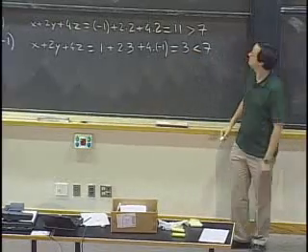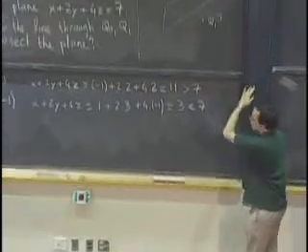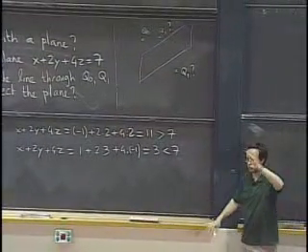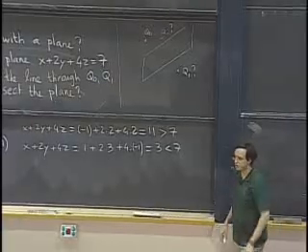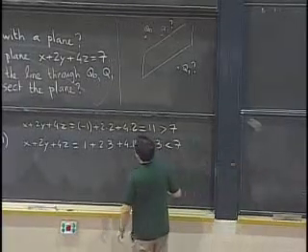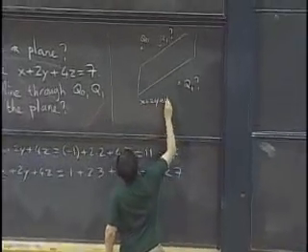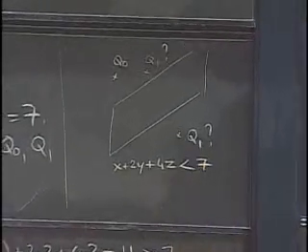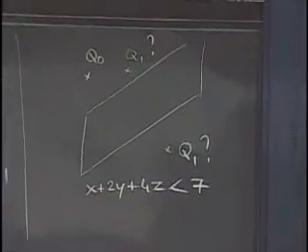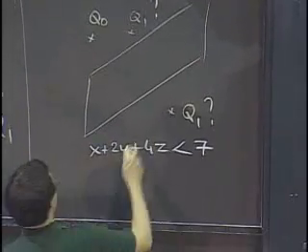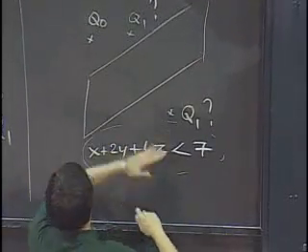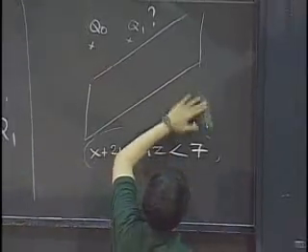That's less than 7. If you think about how a plane splits space into 2 half spaces on either side, well, one of them is going to be the points where x + 2y + 4z is less than 7. So that's somehow this side, and that's where Q1 is.